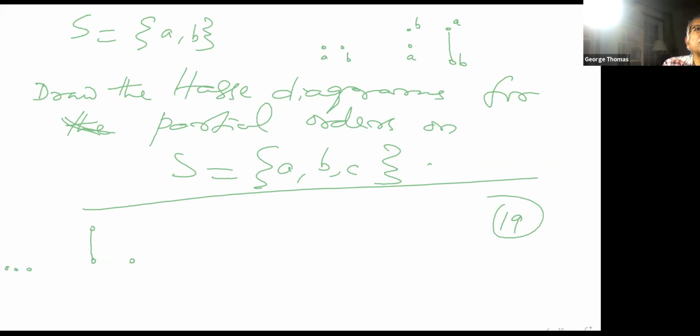How many did we do for this one? 3, right? Let us see how many you can find for when the set has 3 elements in it. There are altogether 19 of them. 19 partial orders, okay?